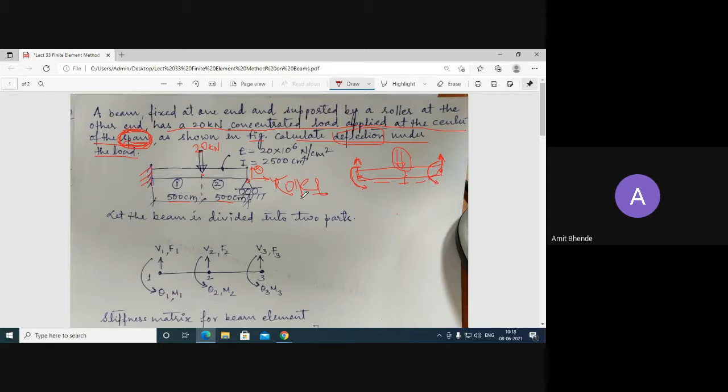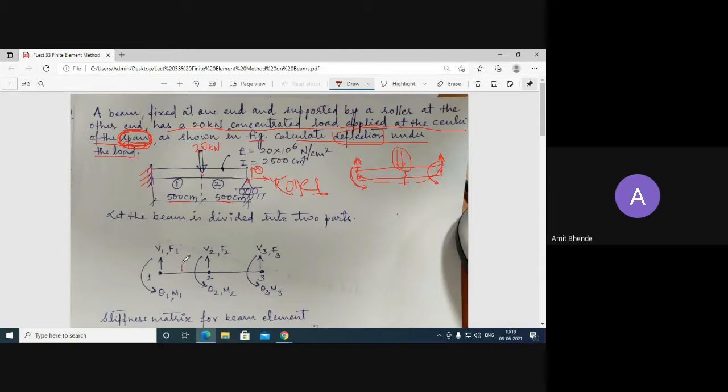Okay. So first of all, what we'll do, we will discretize this beam into a number of elements and nodes. So here the cross-sectional area of the beam is constant. A force is applied at the center of the span. So it is convenient to divide this beam into two elements and three nodes. Okay. So here you can see the entire span of the beam is divided into two elements.